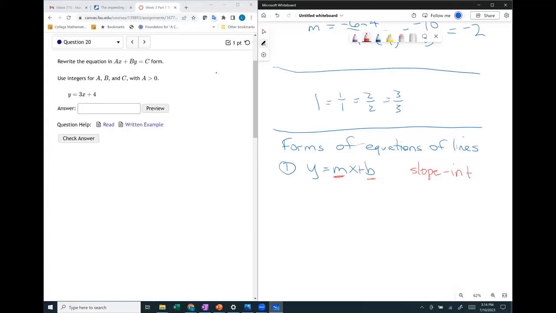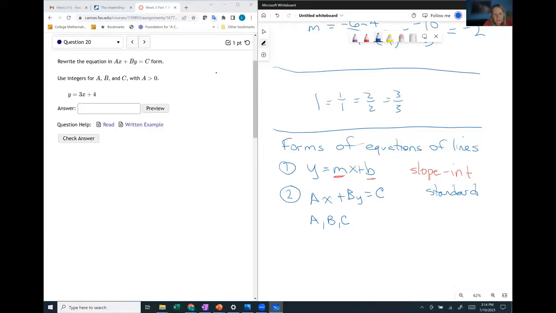We also have standard form. Standard form is ax plus by equals c, where they're all integers and a is greater than 0.